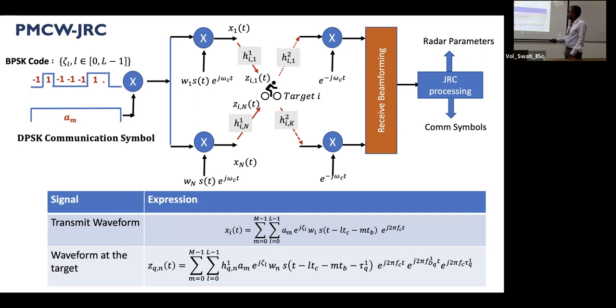If you look at the indices over which it varies, M is what we call the slow time, so it varies chirp by chirp. And then the chip here, the CDMA sequence, varies in fast time, as the name suggests. Next slide, Vijay.